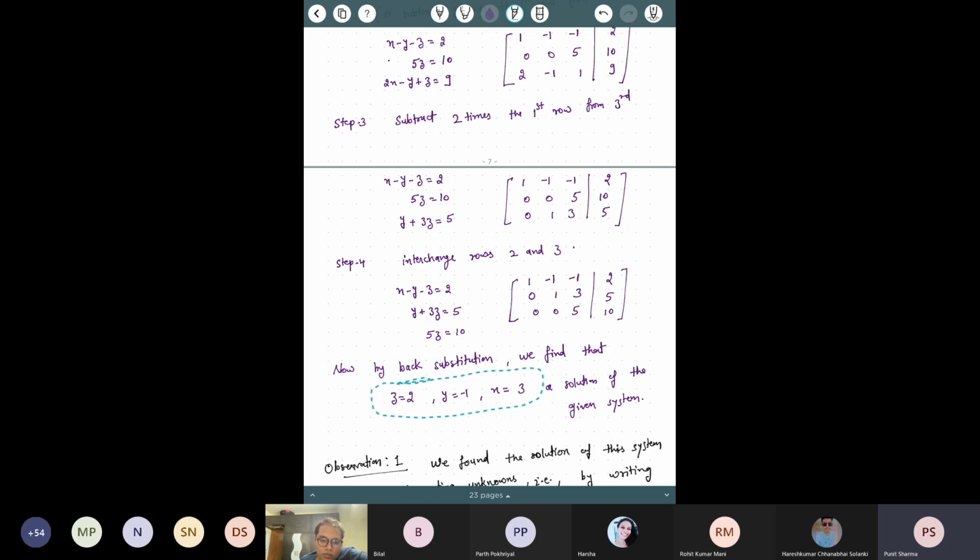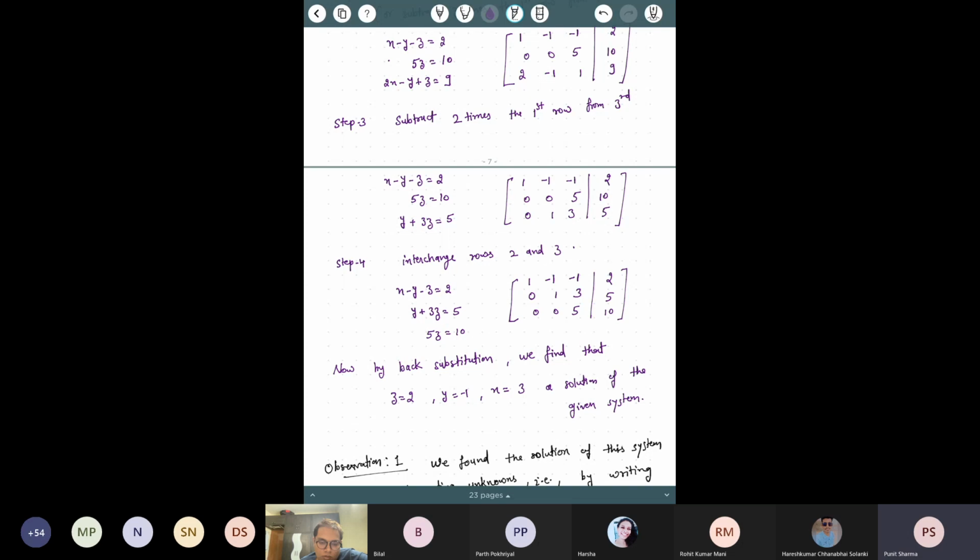So what we have done here, we started with a system of equations, then we tried to eliminate some of the unknowns so that we get a simpler system. For example, in the third equation I have eliminated the unknowns x and y, and in the second equation I have eliminated the variable x.